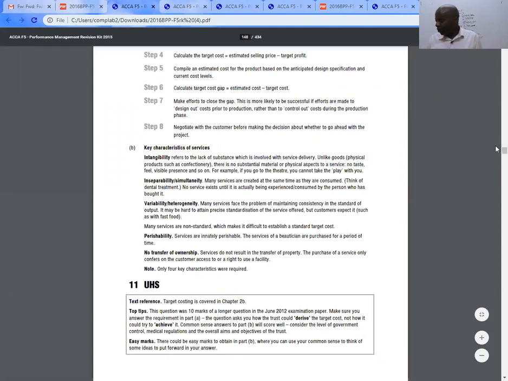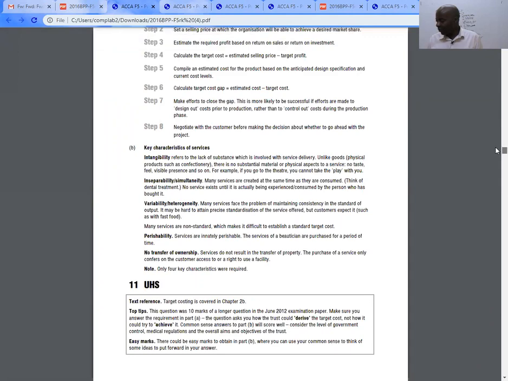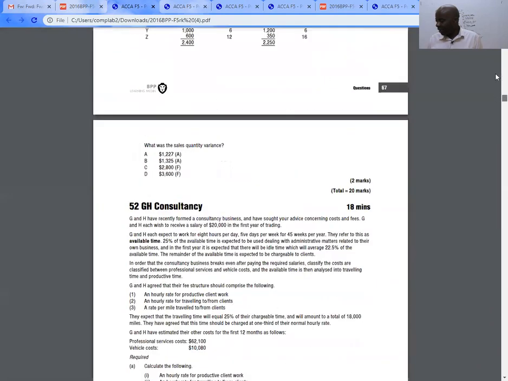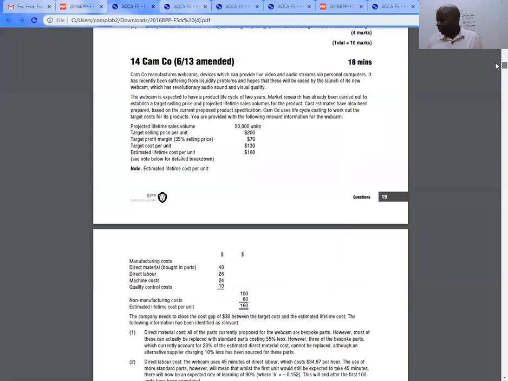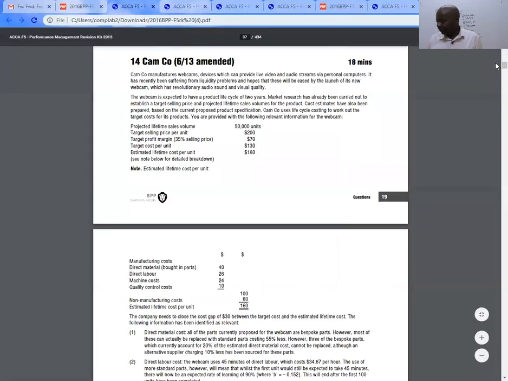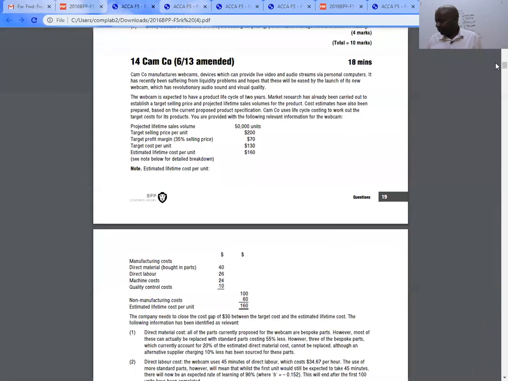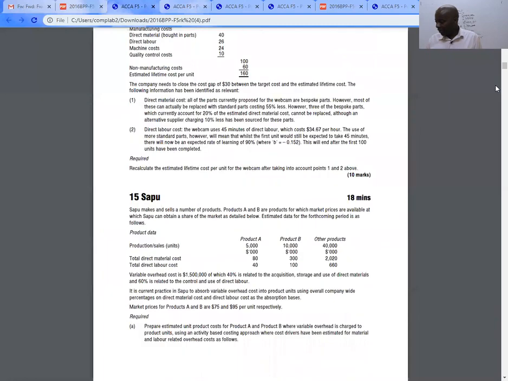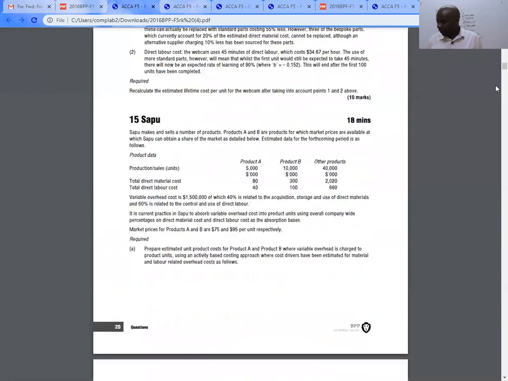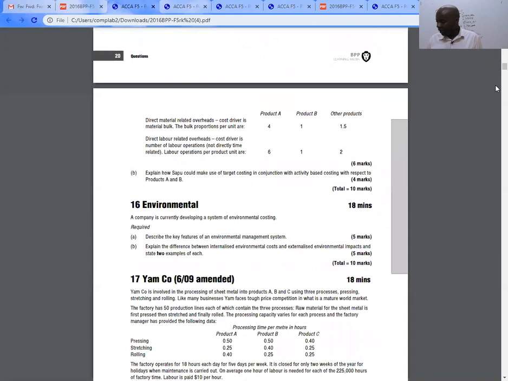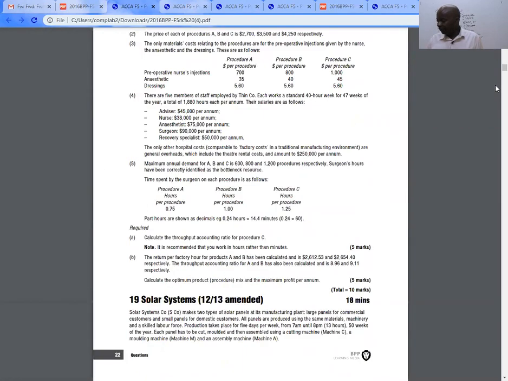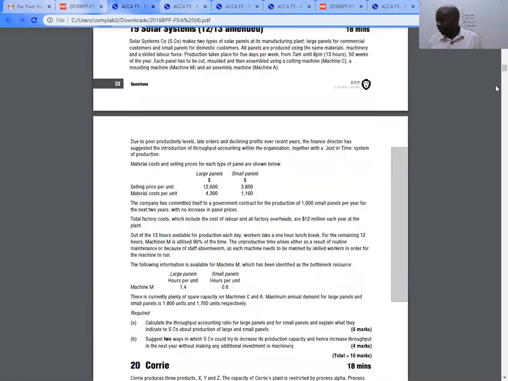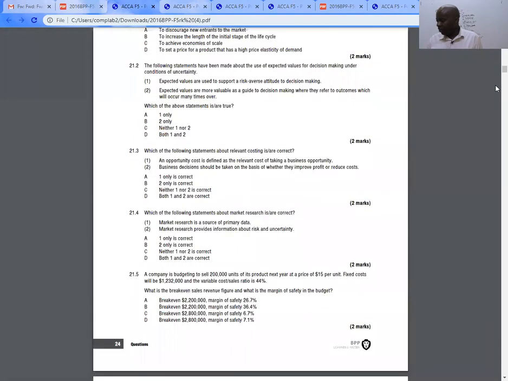So I would want you to go to your past papers later on and do a question on this concept of target costing, and life cycle costing.